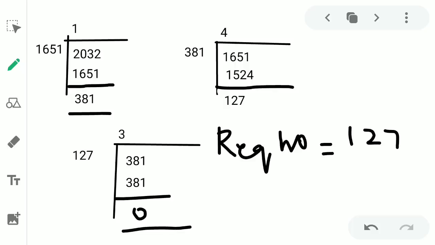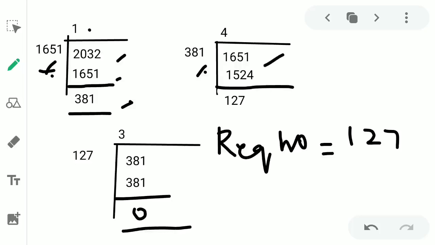So I am taking in division 1651 here and 2032 here. 1651 ones are 1651. I am getting the remainder as 381. After that I am taking the remainder here and 1651 here.